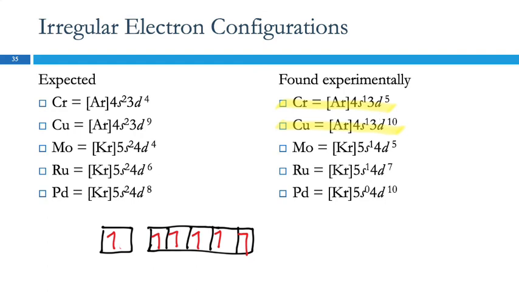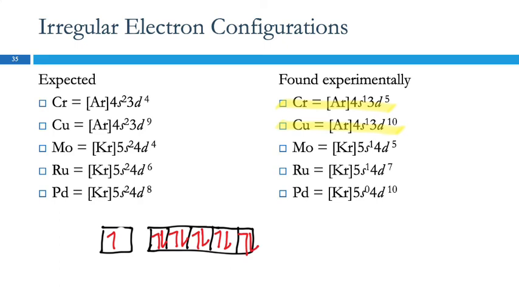And if we look at what copper does, it's kind of similar. This is what we expect copper to be, with 9 electrons in the 3d level and 2 in the 4s level. But what happens is this electron over here comes over there.